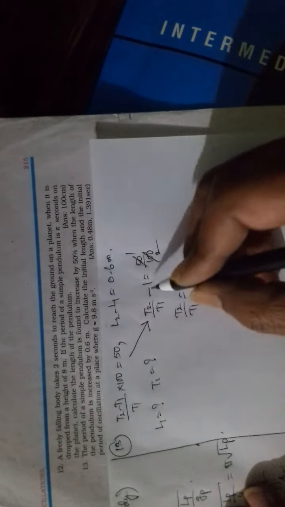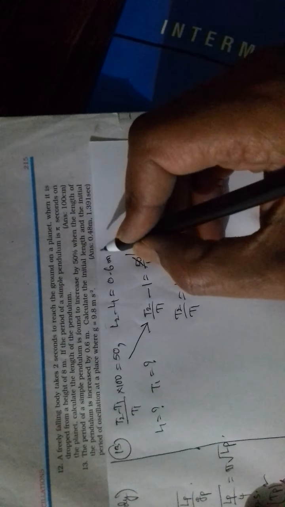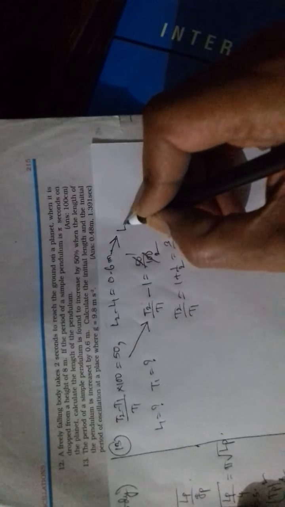T2 by T1 is equal to, take minus 1 that side, 1 plus 1 by 2, that is 3 by 2. Now from this we have L2 is equal to L1 plus 0.6.